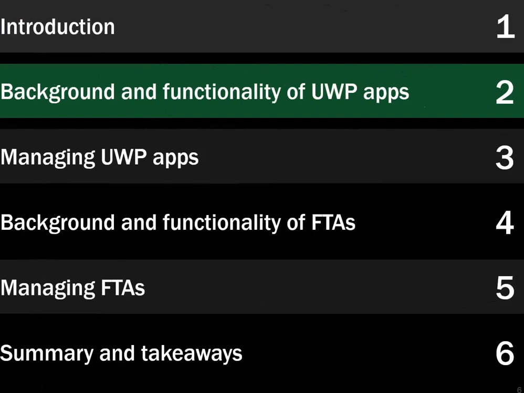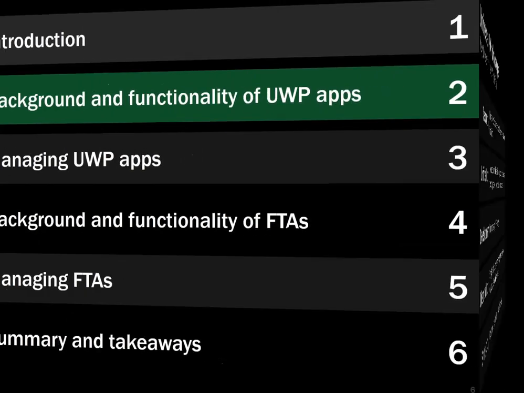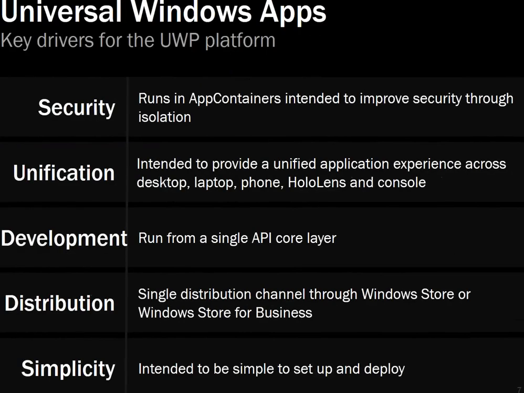So anyway, let's just talk about a bit of background about the Universal Windows Platform apps that we have out there now, because I think that's what Microsoft have finally settled on as the name. They're called Universal Apps rather than Modern Apps or any of the other names that they seem to have had. So the main key drivers are basically security.